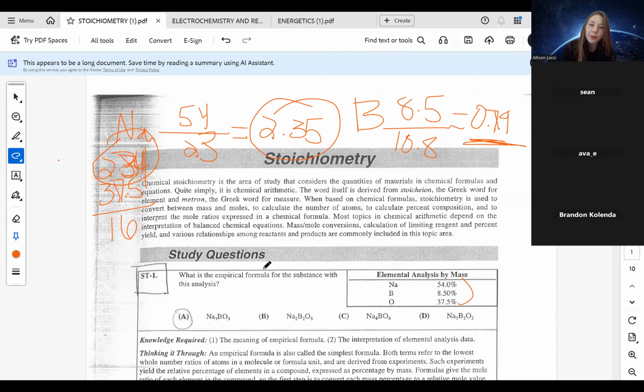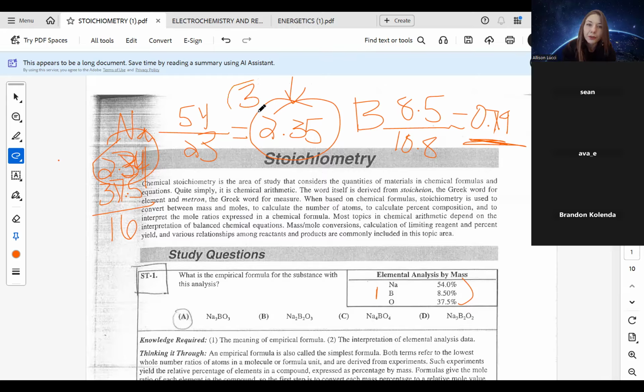So this will tell me that I have 1 for boron here, because I divide 0.79 by 0.79. And then if I take my 2.35 and divide it by 0.79, that'll give me, for both of these, about 2.97.